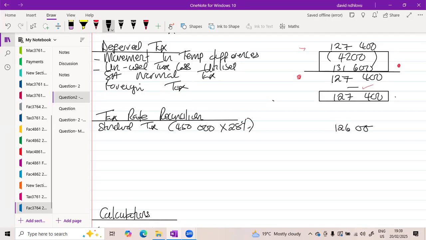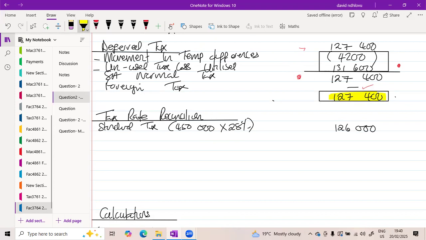Now we are saying when you go to the statement of profit and loss, you take the profit before tax amount and multiply it by 28. This is the amount of tax that you should have been sitting on if you had multiplied the profit before tax by 28. However, you don't have that amount, because in your income tax expenditure you're going to include a different amount. We want to understand where the differences are coming from.